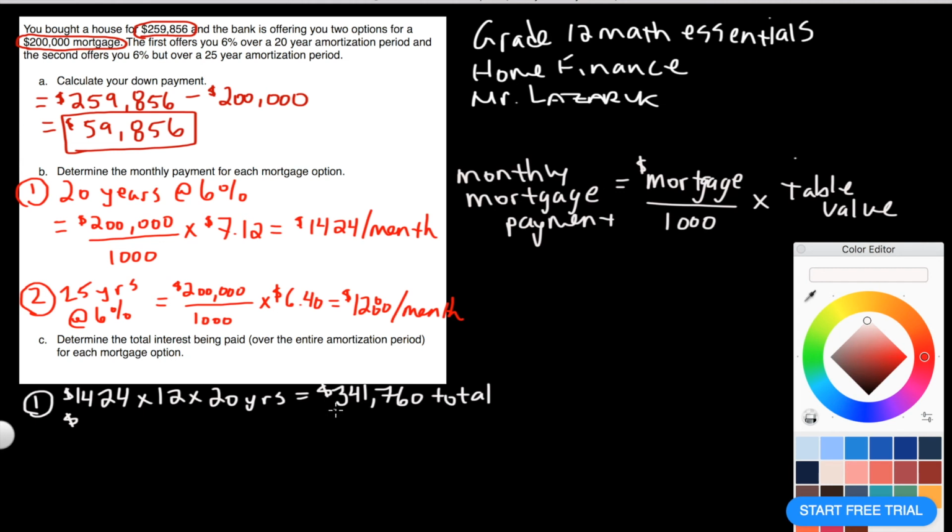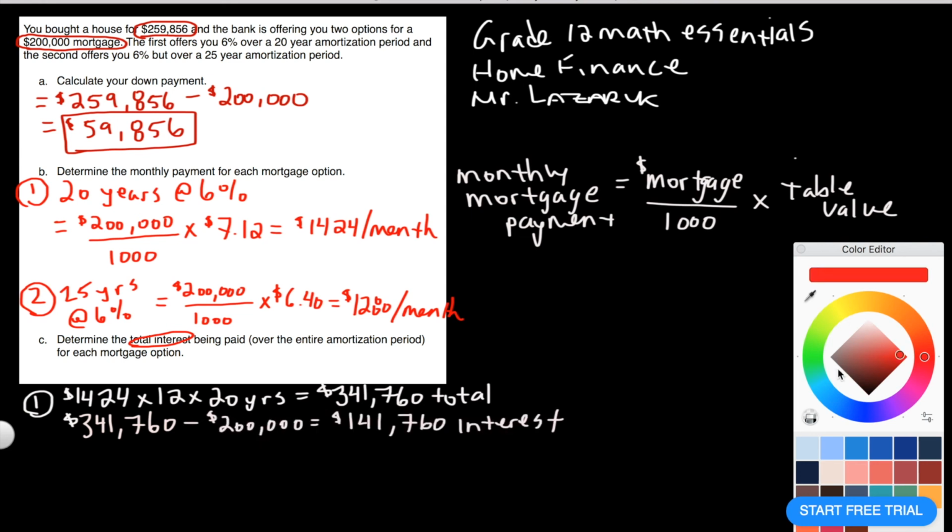I only borrowed $200,000. Why am I paying back so much more money? Well, that difference is the interest that you're paying back to the bank. So to figure out the total interest, I take 341,760 and subtract my initial mortgage amount. That's the interest that I'm paying on this loan.